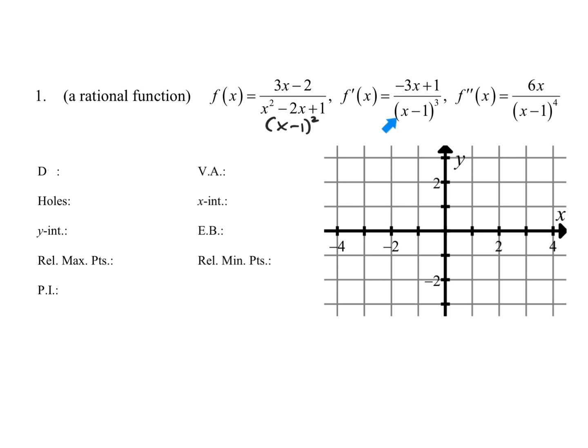And you can also tell, when you look at the first derivative and the second derivative, that it's going to have to be squared based on the denominators. Finding all this information first tells us a lot, and it creates boundaries, and it tells us restrictions, and it starts helping us form what the shape might look like, okay?